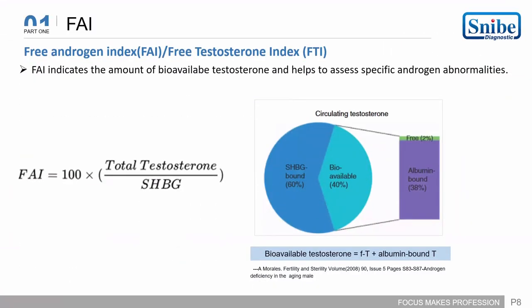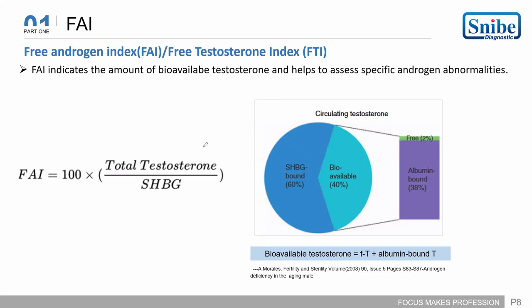If we talk about the free androgen index and the free testosterone index, there is one formula to calculate them. They indicate the amount of bioavailable testosterone and help to assess specific androgen abnormalities.